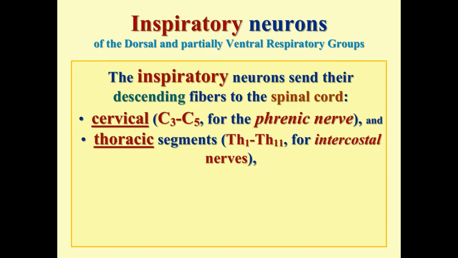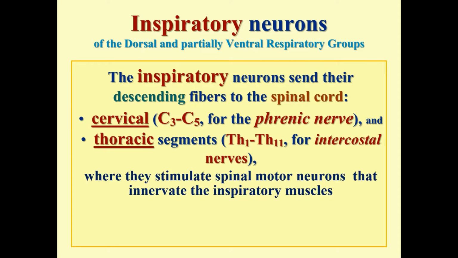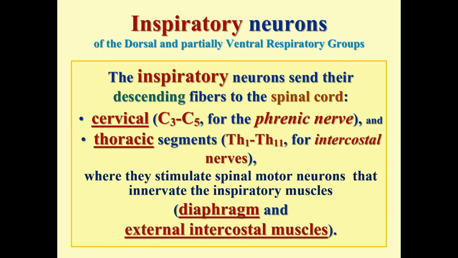And also impulses reach the thoracic segments from the 1st till 11th for the intercostal nerves that finally stimulate exactly the external intercostal muscles. So, as a result, the diaphragm and the external intercostal muscles are stimulated, which both are muscles for inspiration. This output of impulses descending from the dorsal respiratory group produces inspiration.